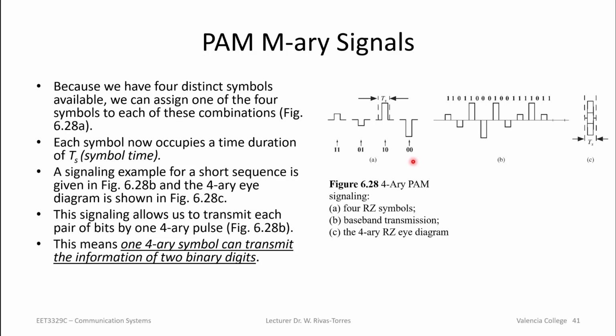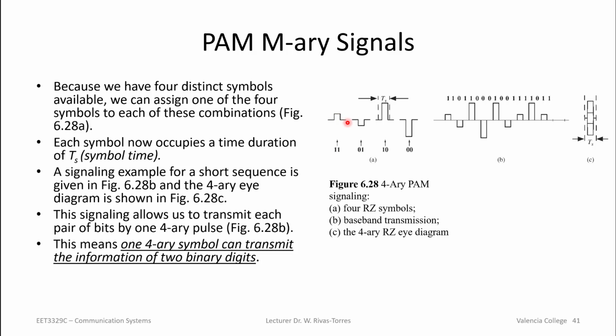Now, in this figure, we're showing one possibility of a signal set that would cover what we're saying. A two-bit pair, let's say 1 1, would have a pulse shape like this.